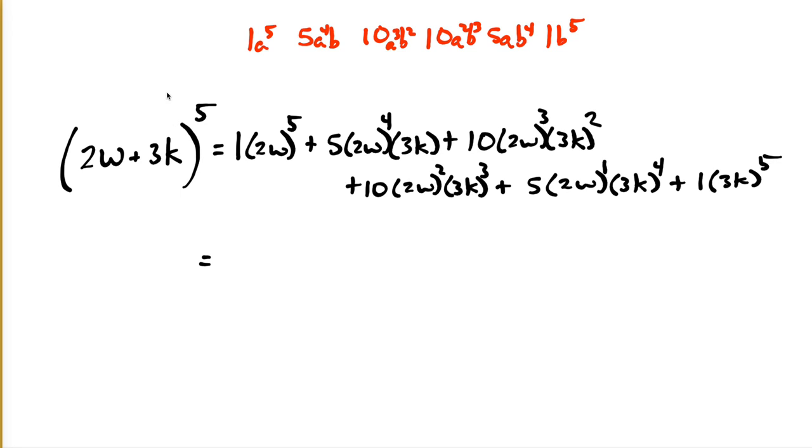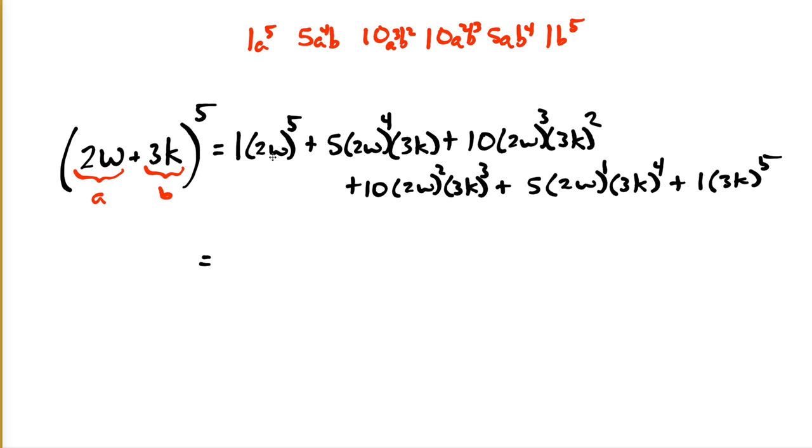So are you okay with that part, the A and the B things? Okay. So 2W is just what we call A because it's the first item. And then 3K is what we call B because it's the second thing. A and B just stand for first term, second term.